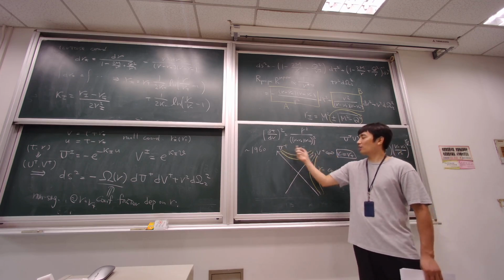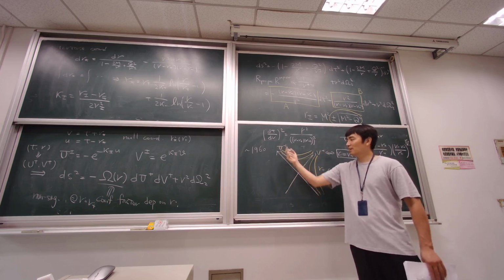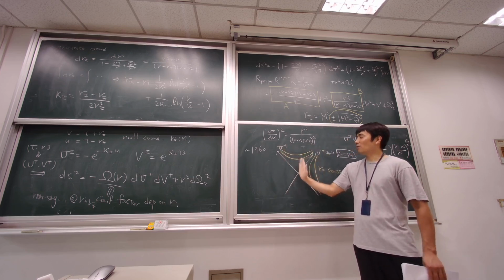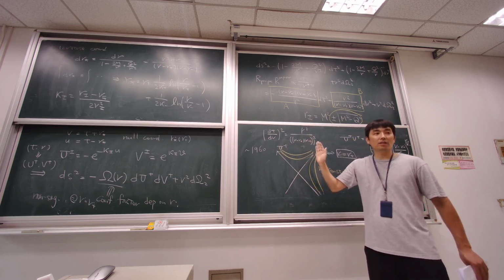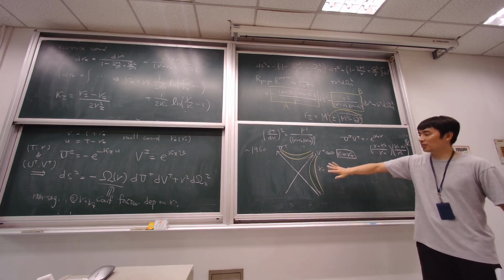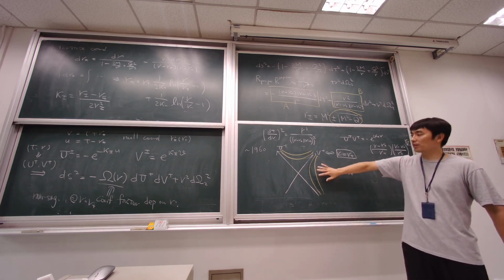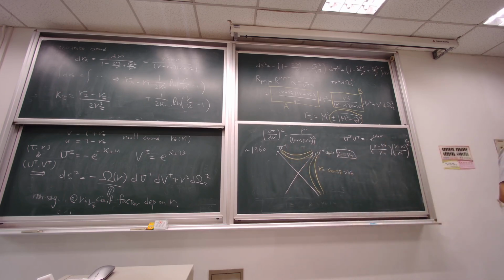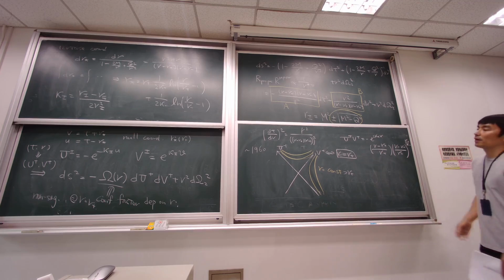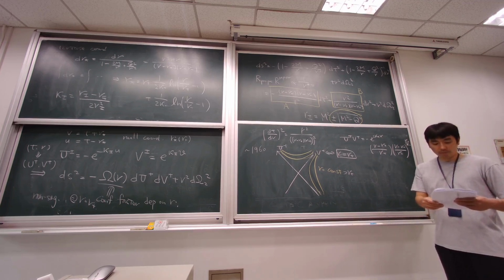But now here R constant becomes spacelike, so therefore R becomes a timelike coordinate. Do you understand what I mean? So R here is a space coordinate, but here R is the time coordinate. Fine. Any question at this moment?